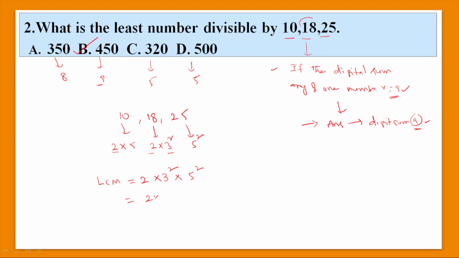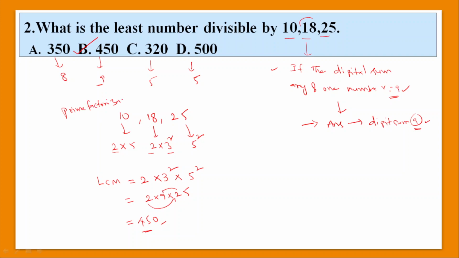So 2 times 9 times 25: 2 times 25 is 50, and 50 times 9 is 450. So we get the answer as 450.